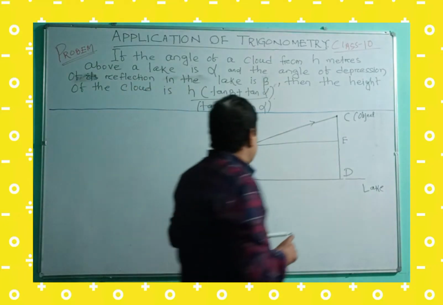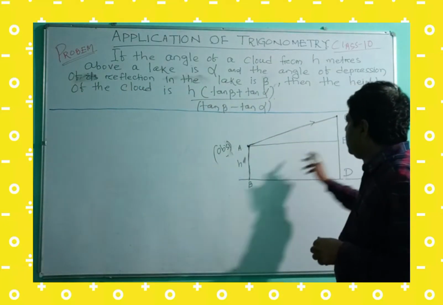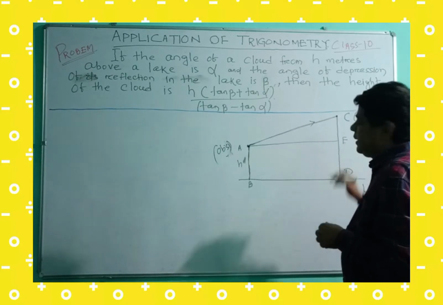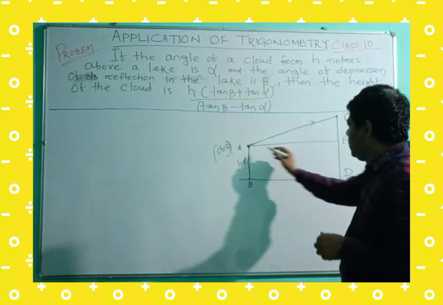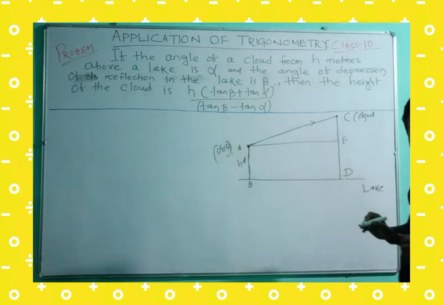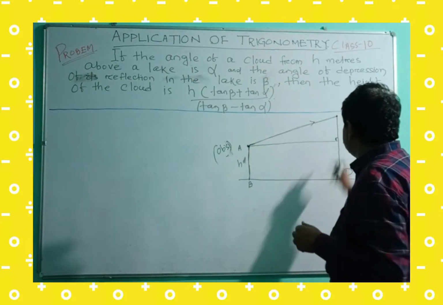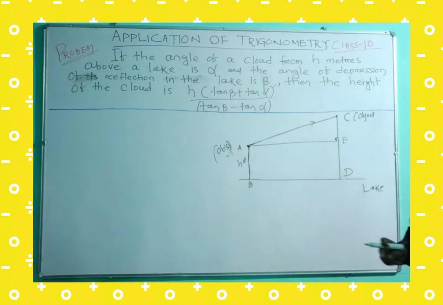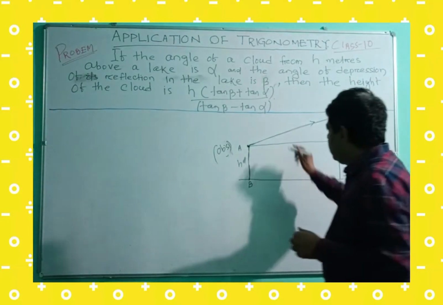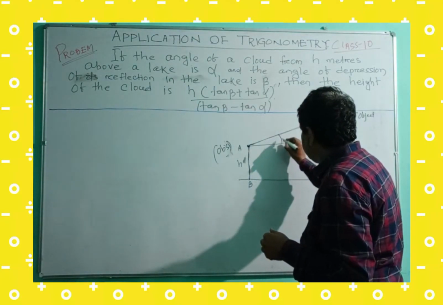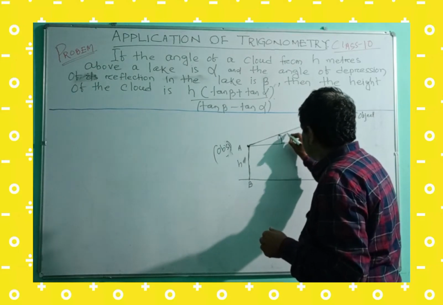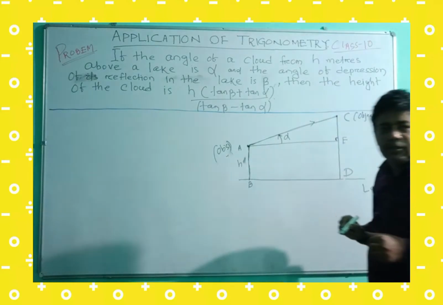Let us draw an imaginary line AE which is perpendicular to the line CD. This line is known as the horizontal line, and it makes 90 degrees with the side CD. And here the angle of elevation given is alpha.